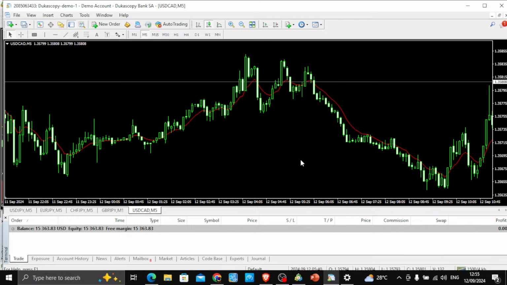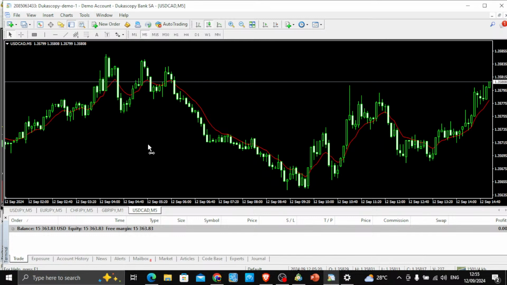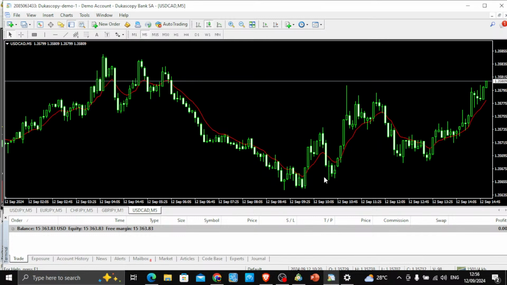Let's go to the latest, the current actions. So based on our current actions, what we are seeing, it came down here, took out the previous high of this here, so somebody can now enter, and then it came down.